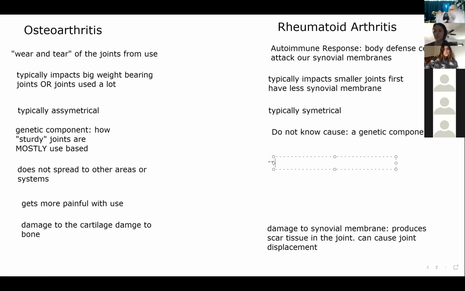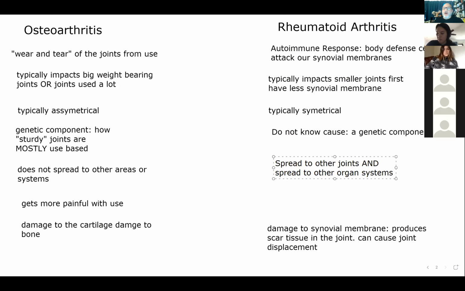No, because I still have those immune cells that can attack other membranes. So absolutely, this one can spread to other joints, and this one can actually spread to other organ systems. Rheumatoid arthritis can affect the skin, it can affect the lungs, it can affect the heart.